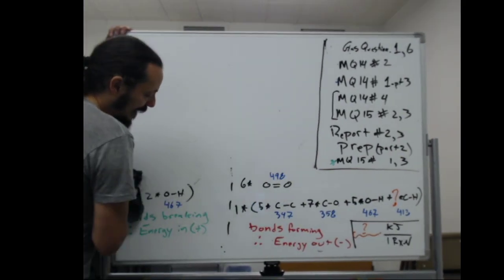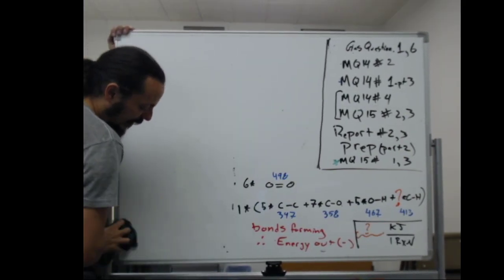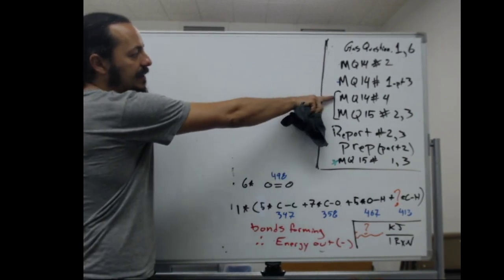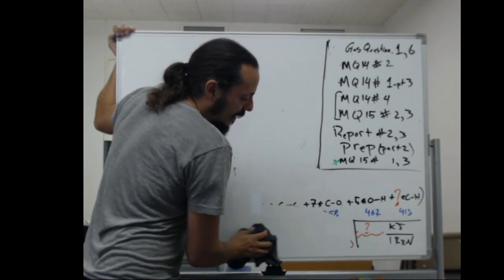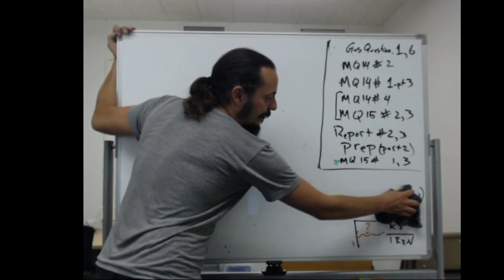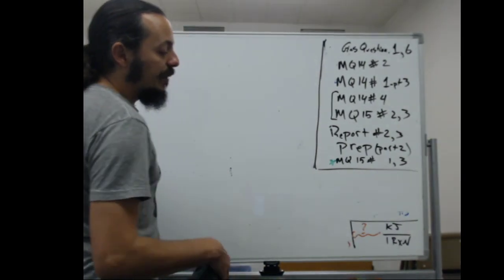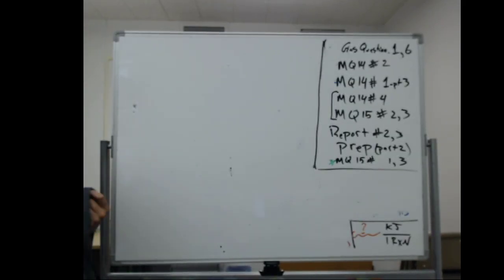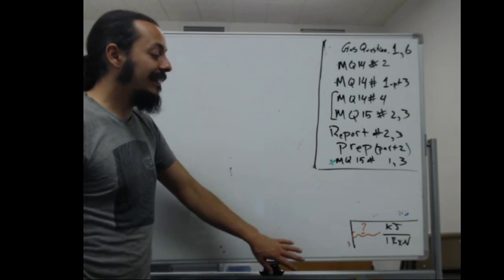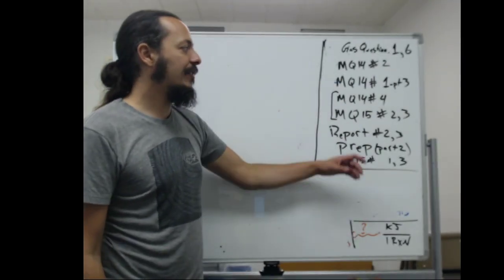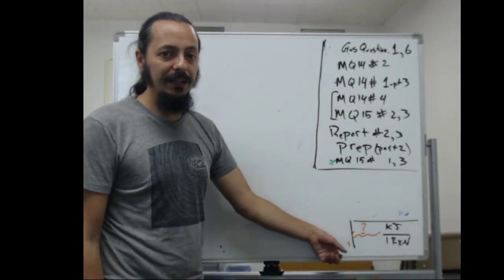The thing that's throwing a lot of people off on set 14, number 4, is the fact that we also have to take into account the limiting reactant. And the limiting reactant is going to determine how many times we can complete the reaction. So when we consider how many times we complete the reaction, we're going to be using just the moles of limiting reactant for that.